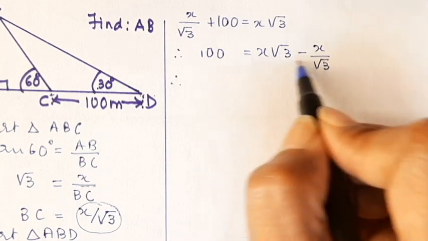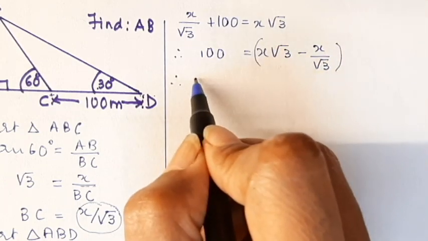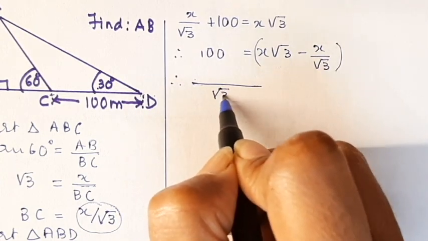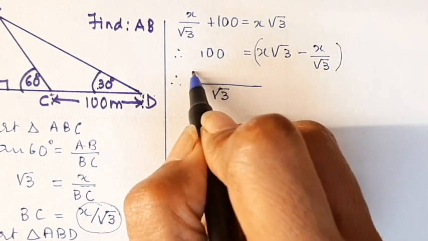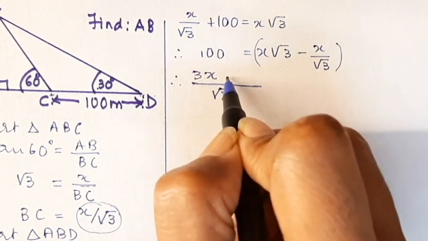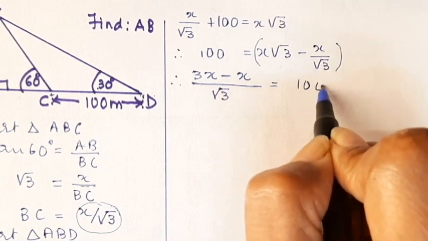Now we will take LCM over here, but I'm going to write this side. So we are going to take LCM as root 3, and root 3 will multiply here, so it becomes X root 3 into root 3, which means 3X minus X, and that's equal to 100.